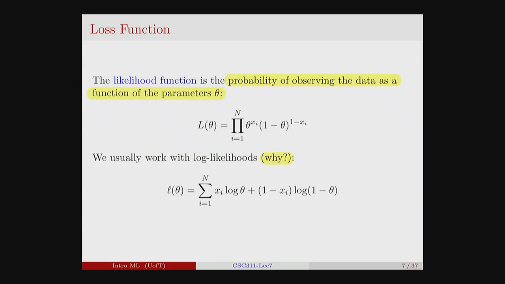So we usually don't work with the likelihood function itself. We're going to work with the log likelihood function. And so the log likelihood function is just the log of both the left-hand side and the right-hand side. And when you take a log of a product of things, it becomes a summation.